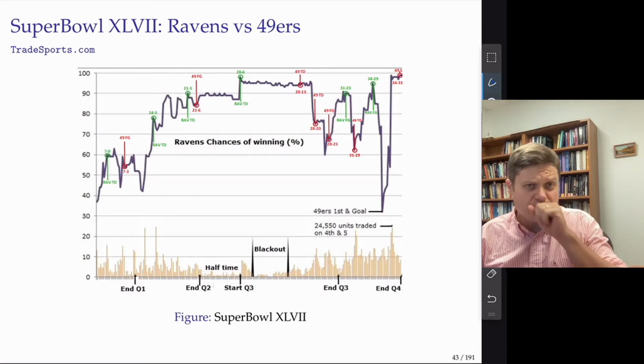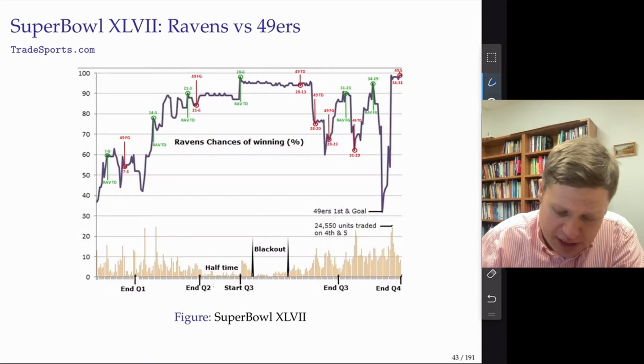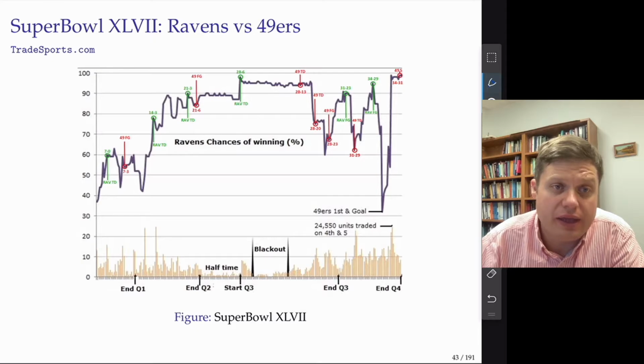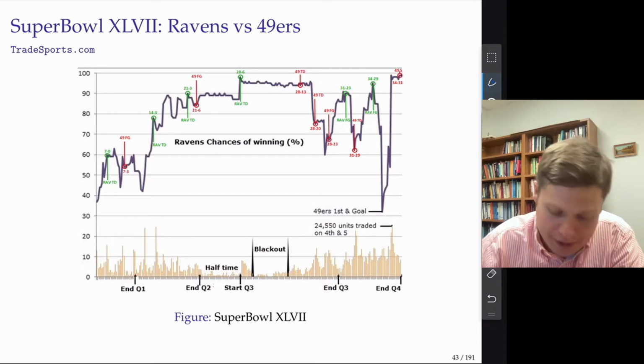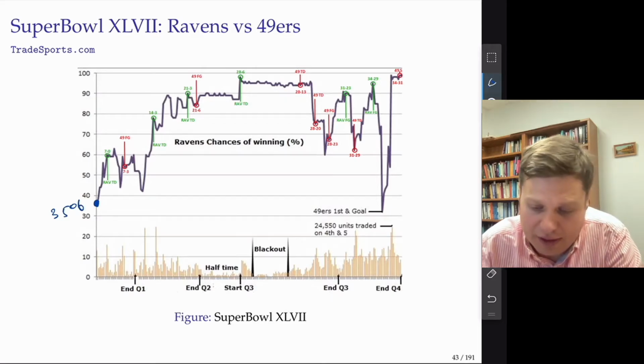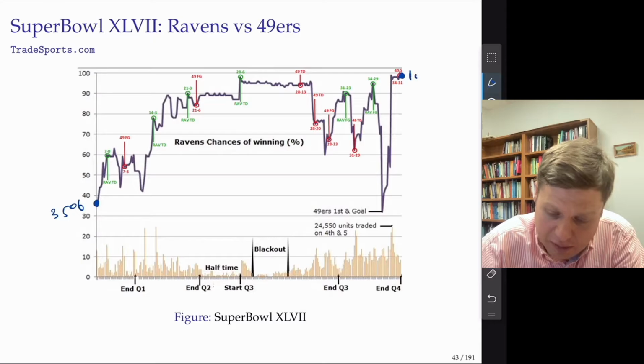Ravens versus 49ers. And what you see here are the scores for each part of the game, and then you see the plot of the Ravens' chance of winning. At the beginning of the game, the Ravens had roughly a 35% chance of winning. And in fact, the Ravens did win the game, so at the end of the game it was 100%.